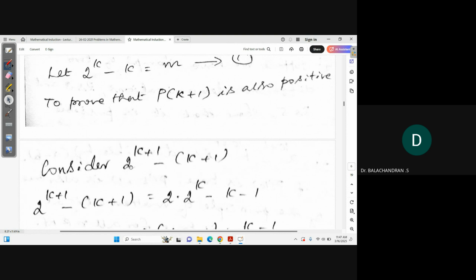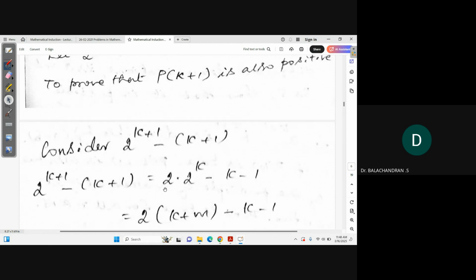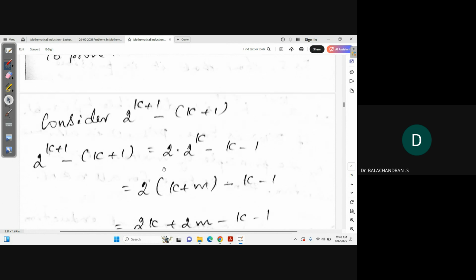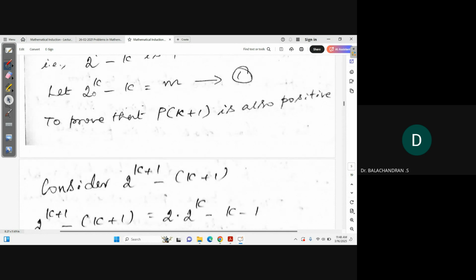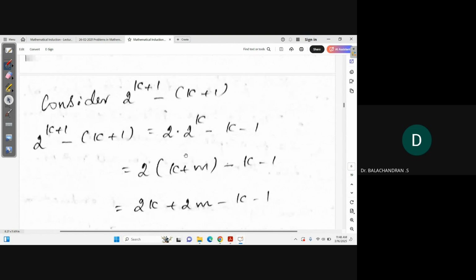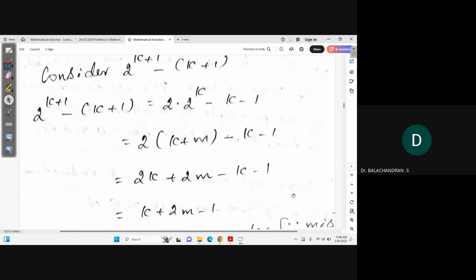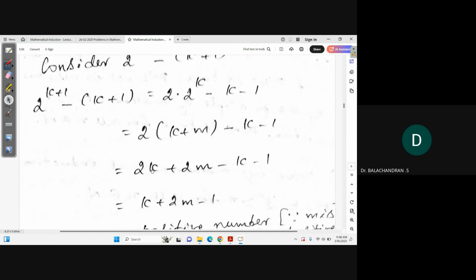Now I consider 2 power k plus 1 minus of k plus 1, that is equal to 2 into 2 power k minus k minus 1. Now 2 power k, from equation 1, is k plus m. So 2 times k plus m minus k minus 1, that is 2k plus 2m minus k minus 1, which is equal to k plus 2m minus 1.